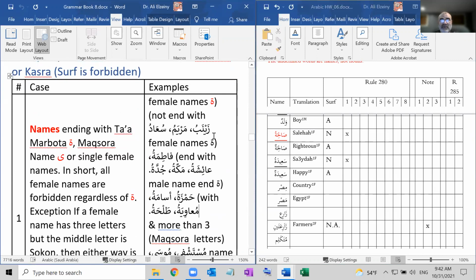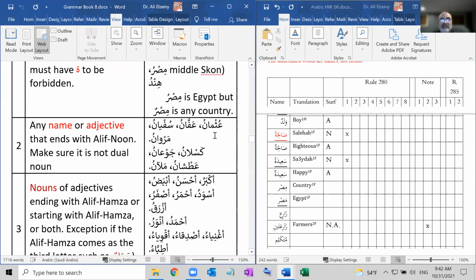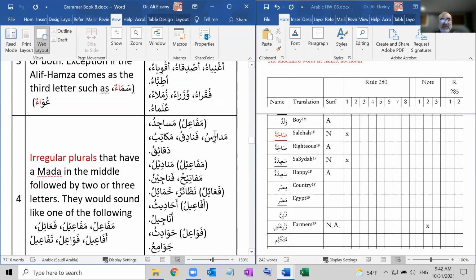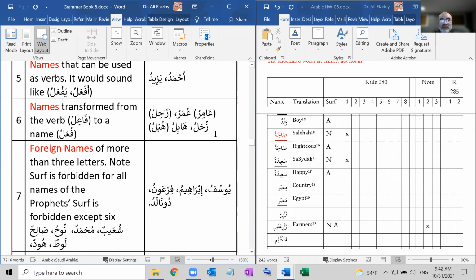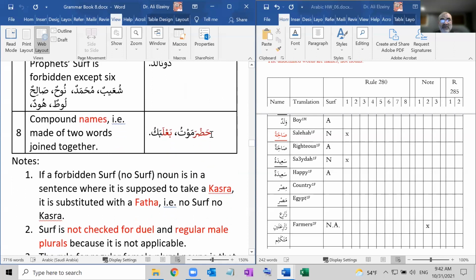Is it a female name or does it end with ta marbuta? No. Does it end with alif noon? No. Does it end or start or both with alif hamza? No. Is it irregular? No. Can it be used as a verb? No. Is it transformed from a verb? No. Is it a foreign name? No. Is it a compound name? No. So therefore sarf is allowed.